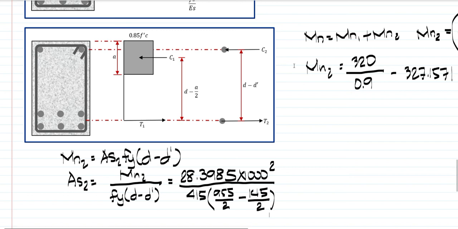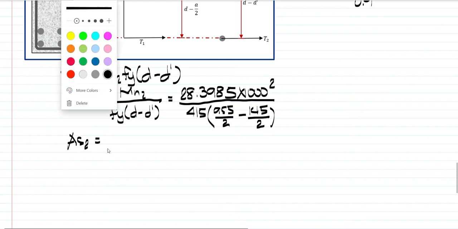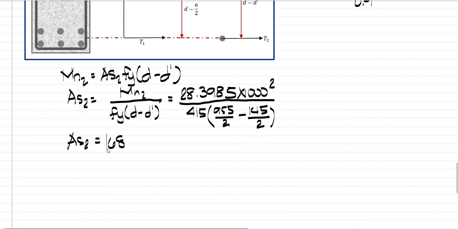The value of As2 that we are looking for will be equivalent to 168.9633 mm squared. That is our second steel area.